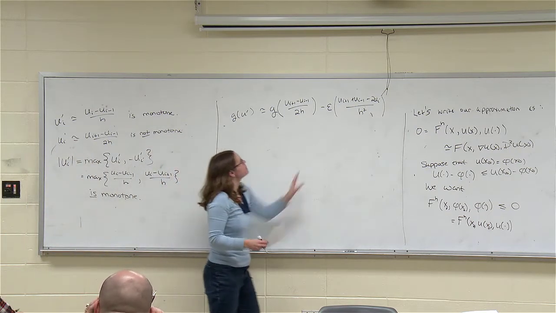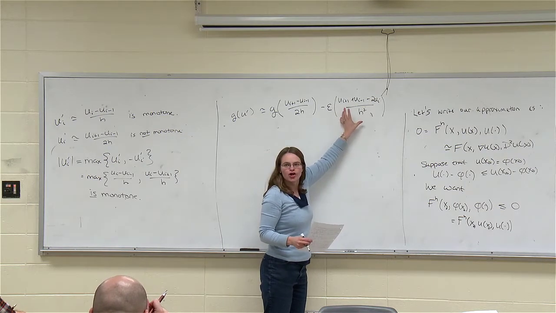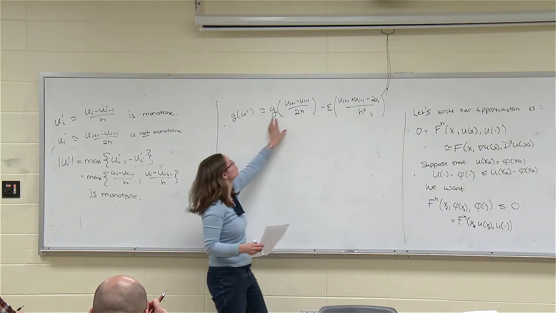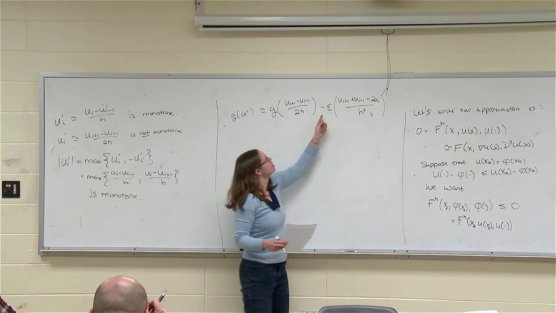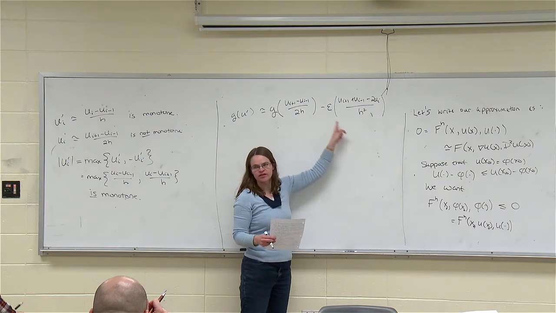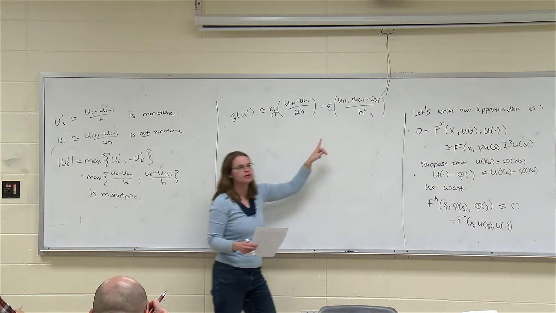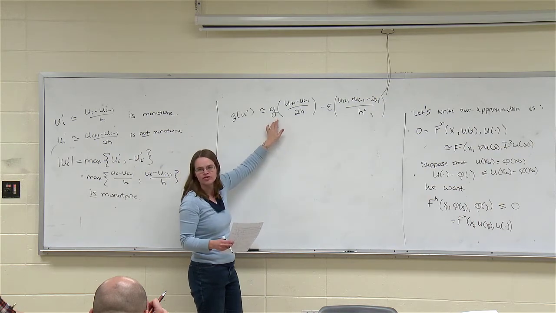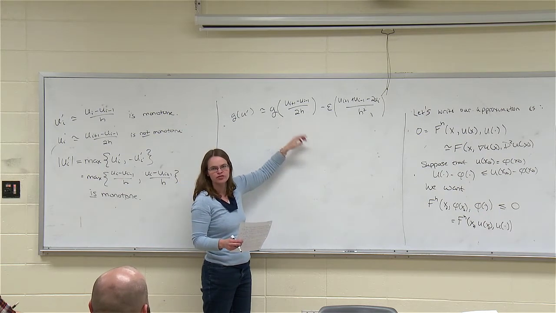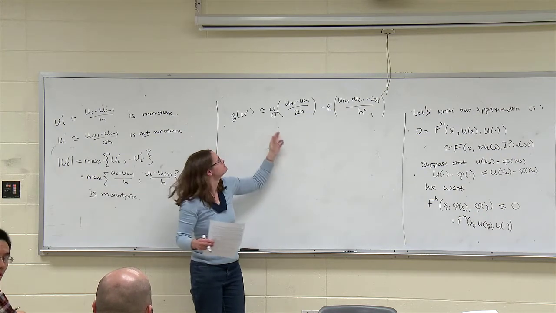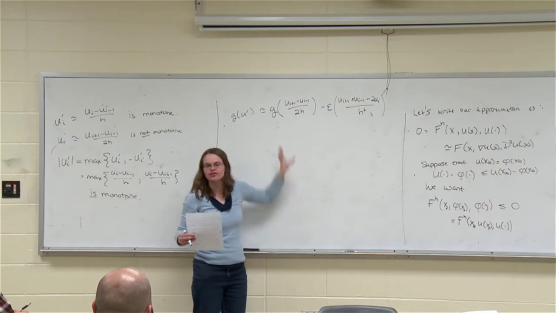So if we want the going down effect of this to overpower the potential going up effect of this, we need to make epsilon big enough, and we can decide exactly how big it needs to be by using the Lipschitz constant of this guy. The Lipschitz constant is the next best thing to the derivative of this thing.